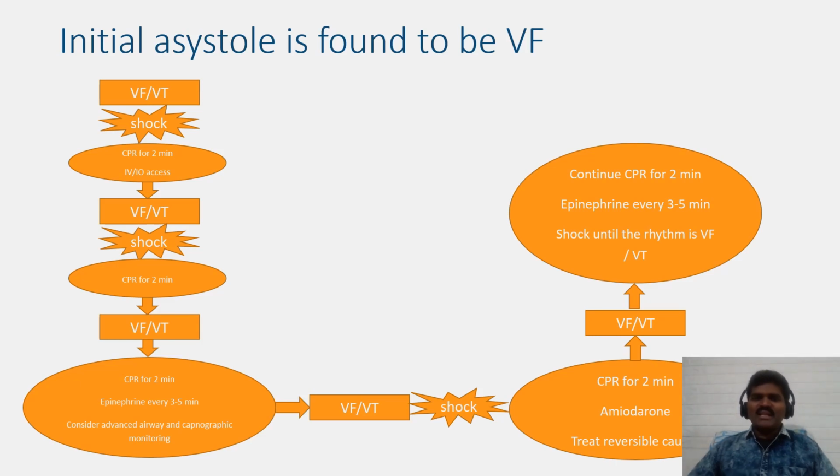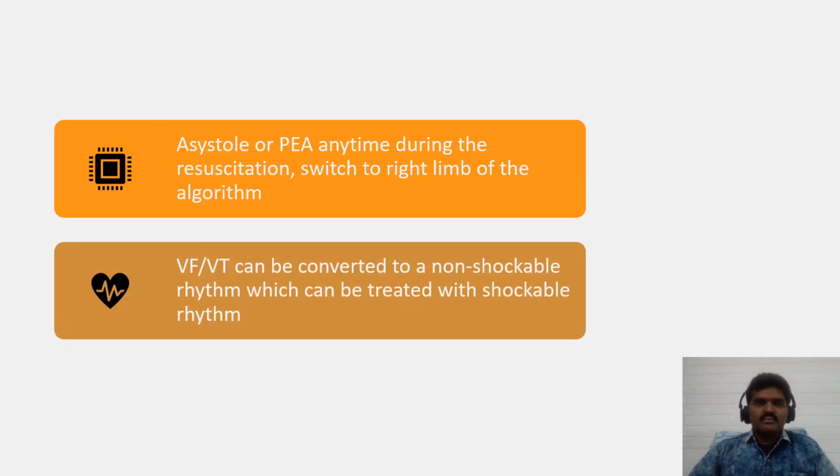But until electrical activity is there, the guidelines say that you can continue CPR. If asystole or PEA appears anytime during the resuscitation, switch to the right-sided limb of the algorithm. Likewise, VF or VT can convert to a non-shockable rhythm, which can later turn into a shockable rhythm again.